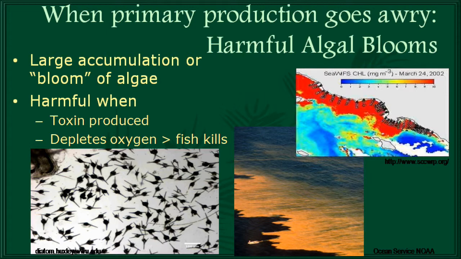So here are some aerial and satellite images of large algal blooms, and they used to be called red tide, but many people, particularly scientists, try to avoid that because it's a misnomer. Harmful algal blooms don't have to be red to be harmful. So the correct term is harmful algal blooms, or HABs.